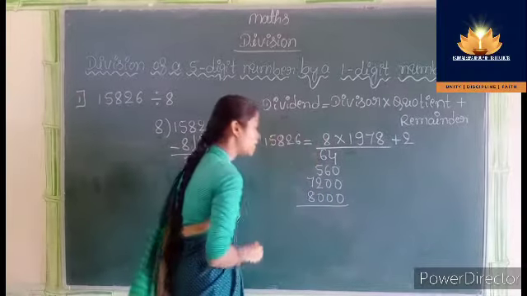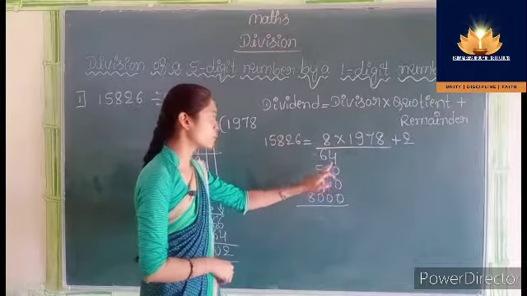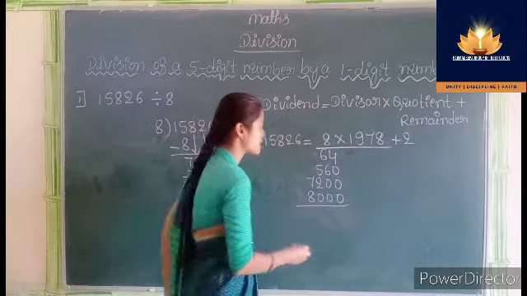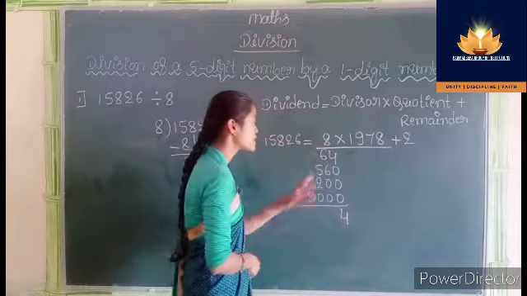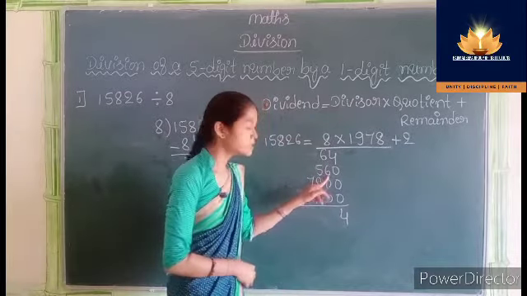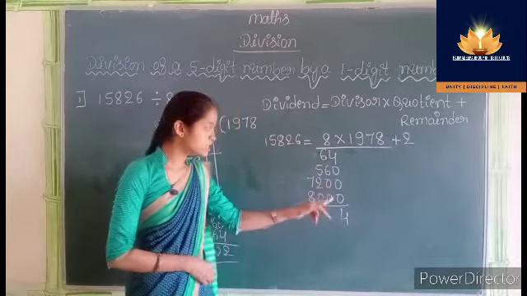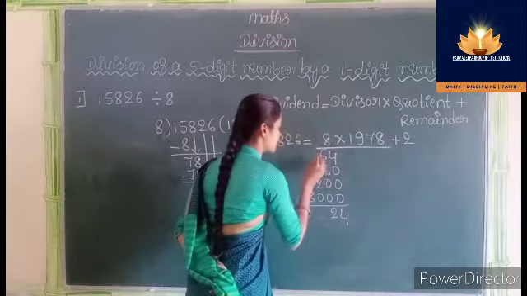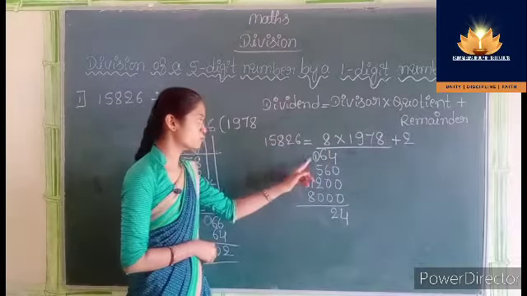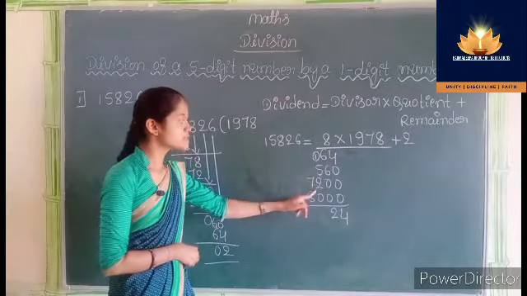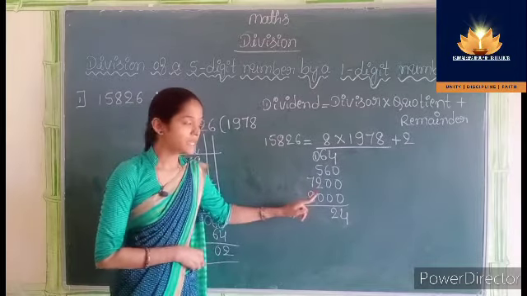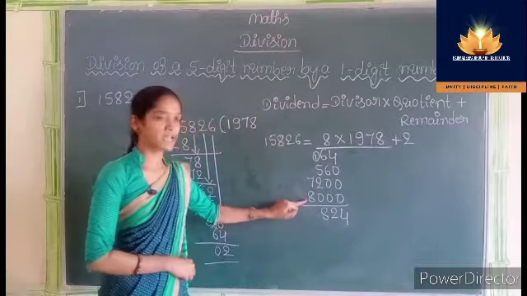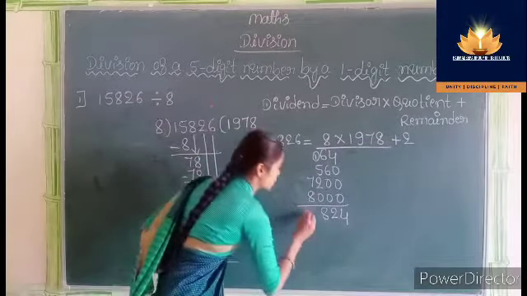Now add all these products. 4 plus 0, 4, 4 plus 0, 4, 4 plus 0, 4. 6 plus 6, 12, 12 plus 0, 12, 12 plus 0, 12. 2 should be written, then 1 carry over, 1 plus 5, 6, 6 plus 2, 8, 8 plus 0, 8. 7 plus 8, that is 15.